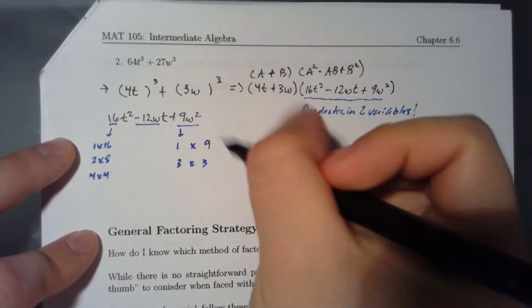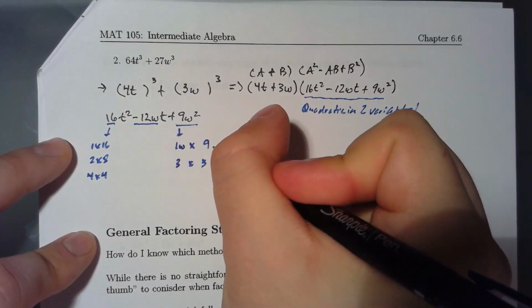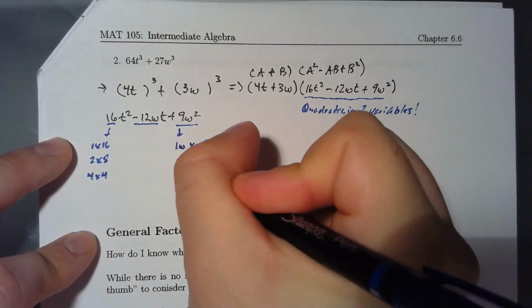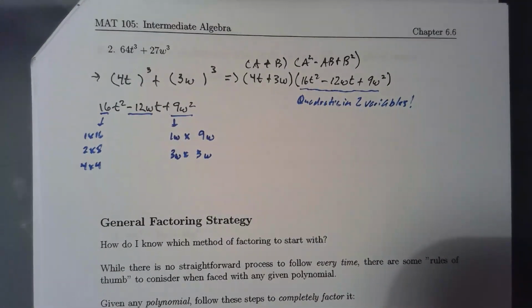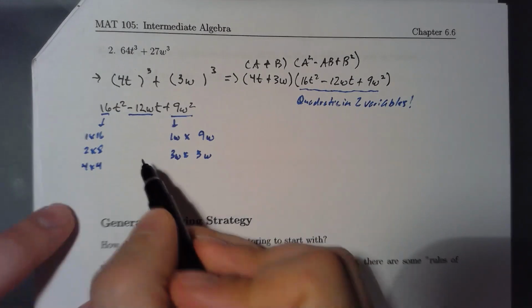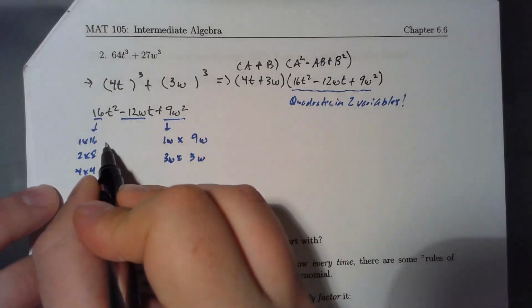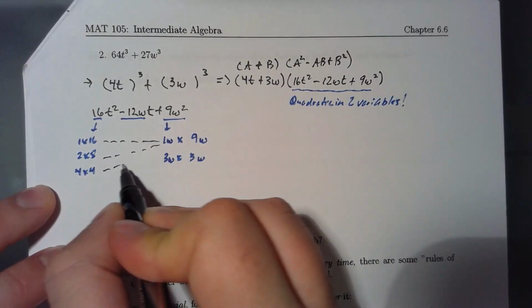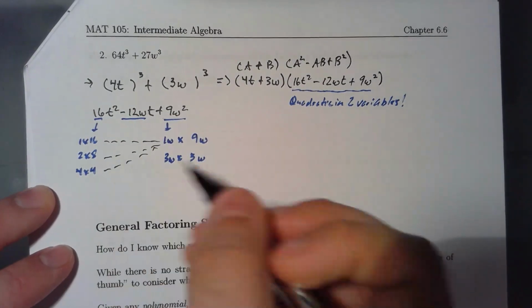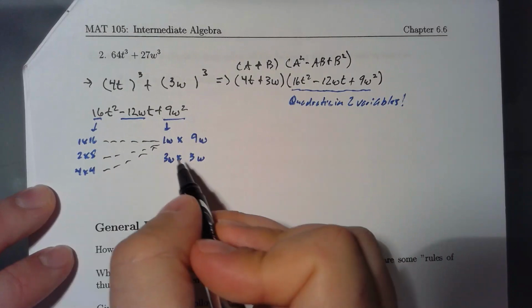Now because this is w squared, I have 1w, 9w, 3w, and 3w. So here's a pair of possibilities. Here's a pair of possibilities, and here's another pair of possibilities. And then you would take those three and check this pair as well.